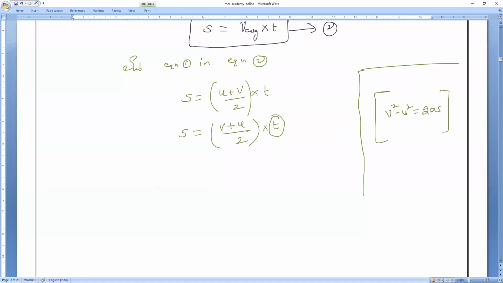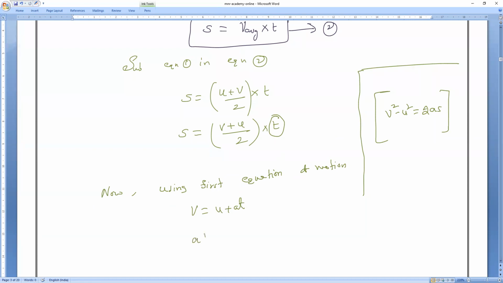So now, using the first equation of motion, I want the time relation. Yesterday also we found it. First equation of motion, what is that? V equals u plus at. Then we want time.